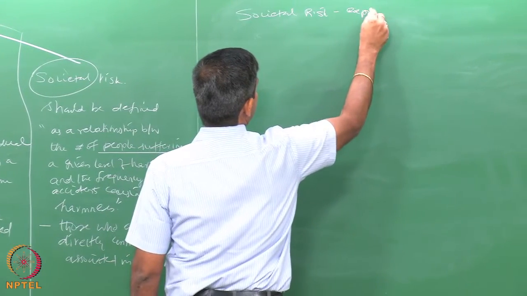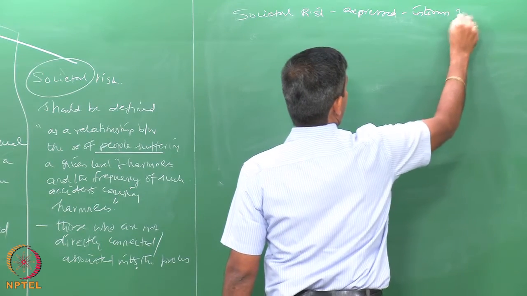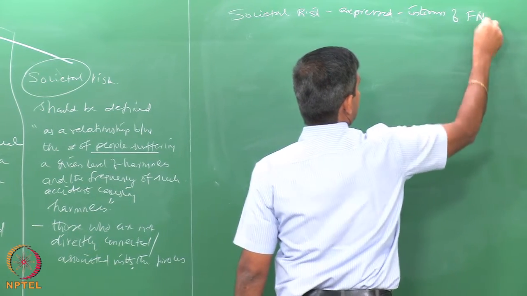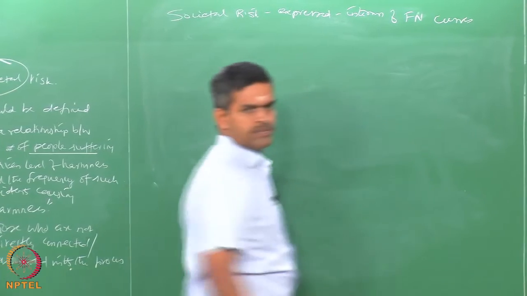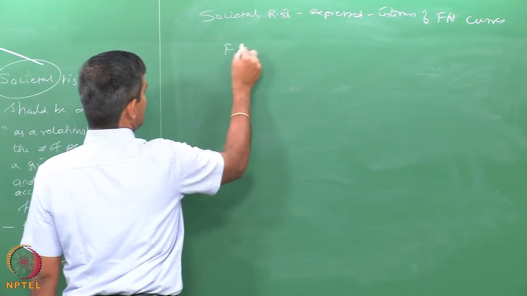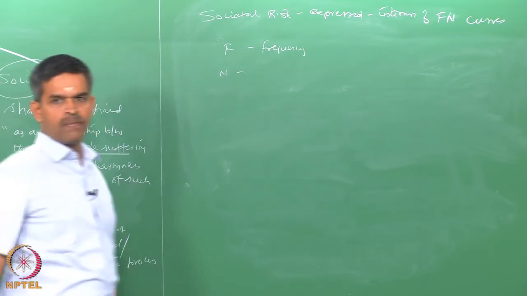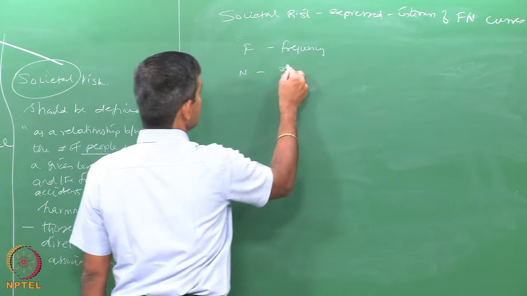Societal risk is expressed in terms of FN curves, where F stands for the frequency and N stands for the number of fatalities.